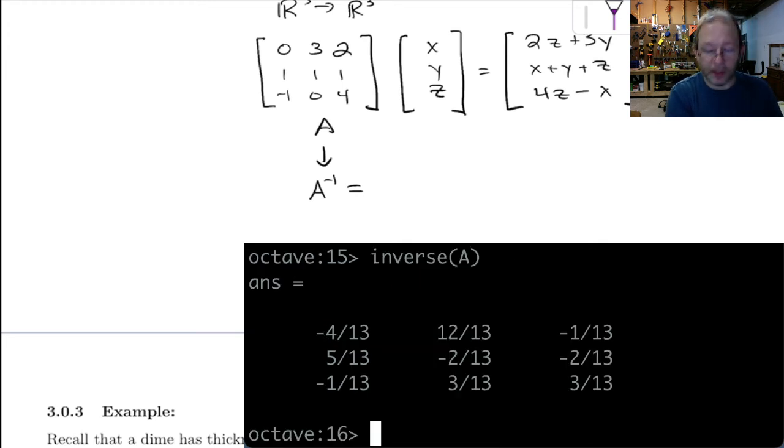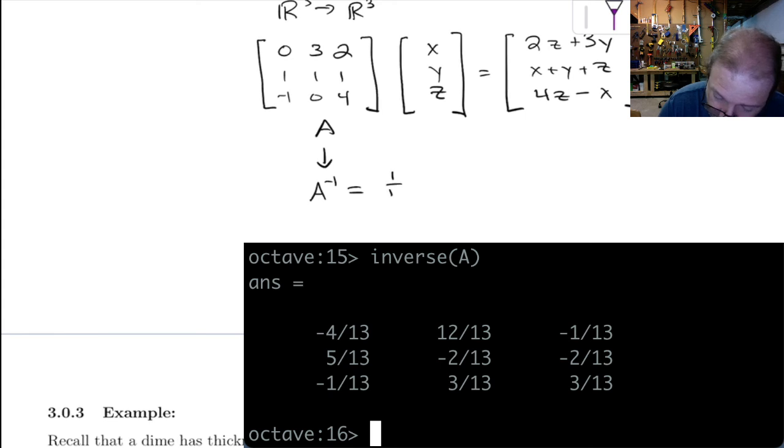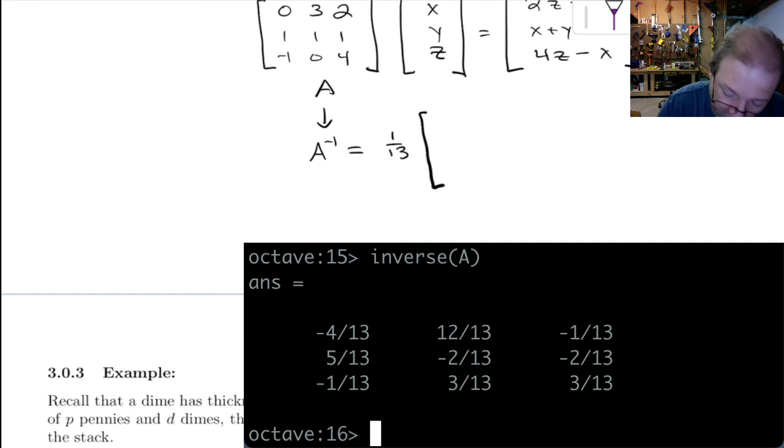So let's do that again. We get this. Now, I'm going to write this out slightly differently. A inverse is going to be, I'm going to factor that 1/13 out. And I'm going to write the rest of these as negative 4, 12, negative 1.